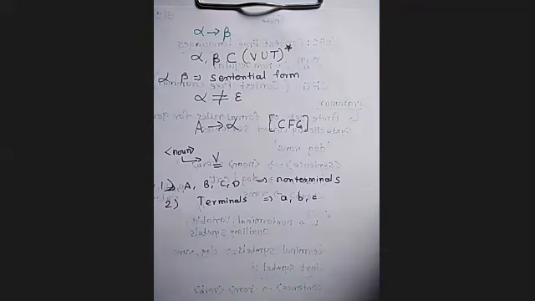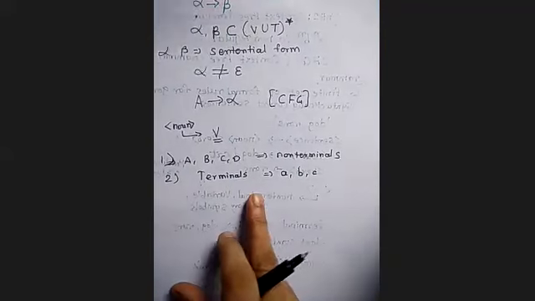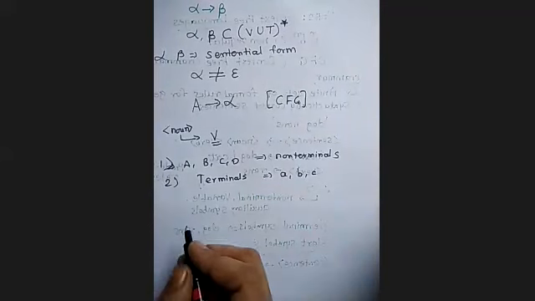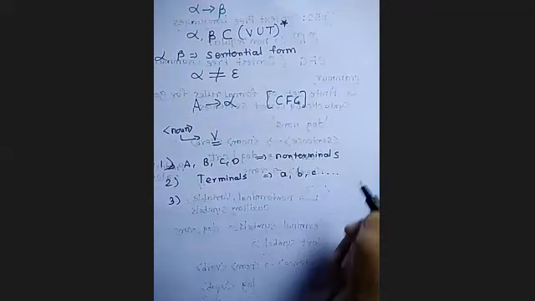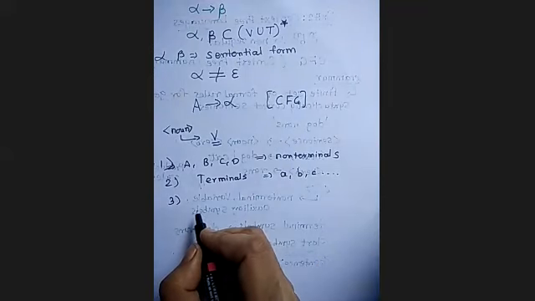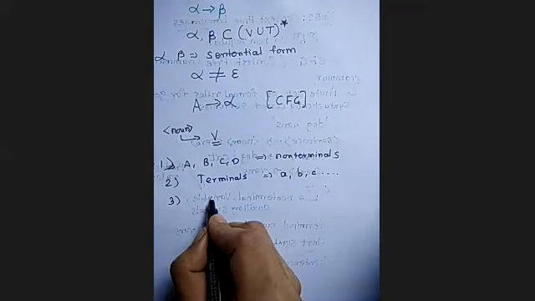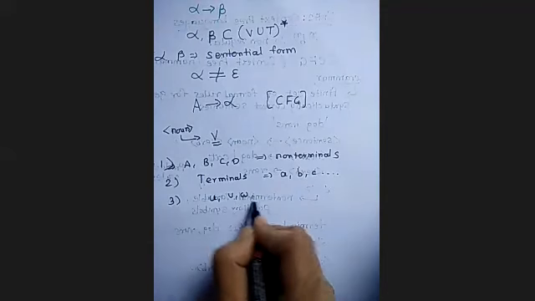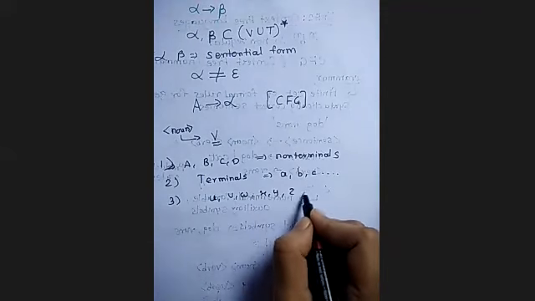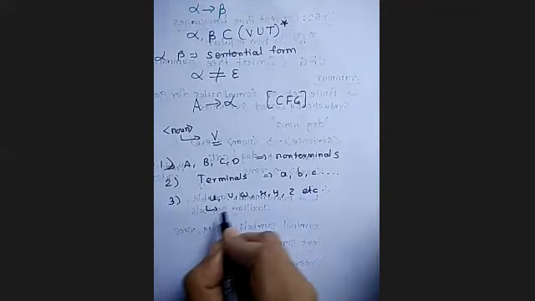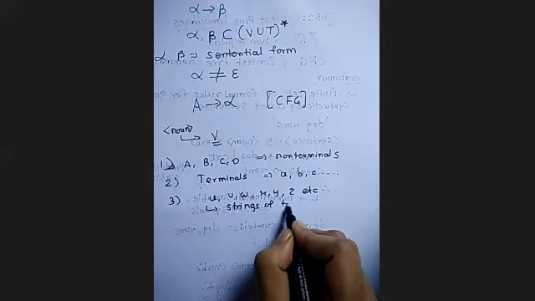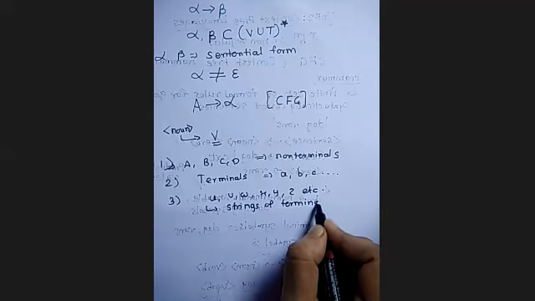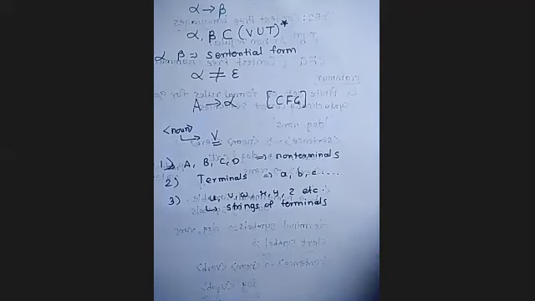But in our case, we are considering terminals as small case letters a, b, or c. Strings of terminals are usually denoted by u, v, w, x, y, z, etc.